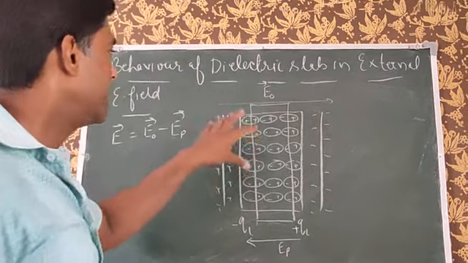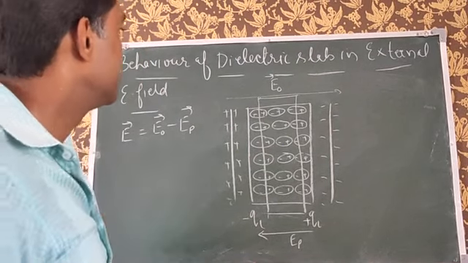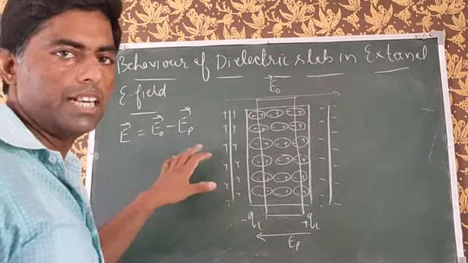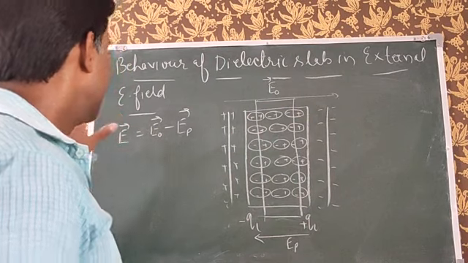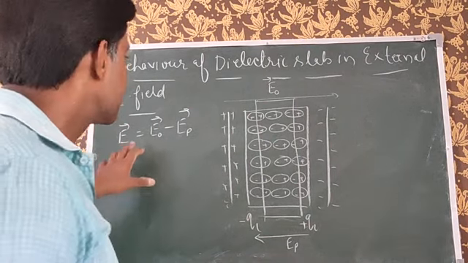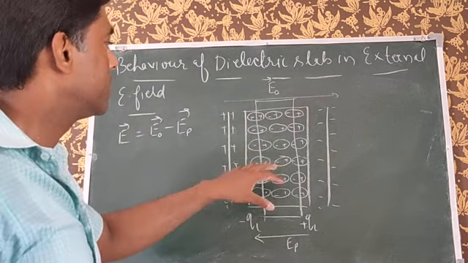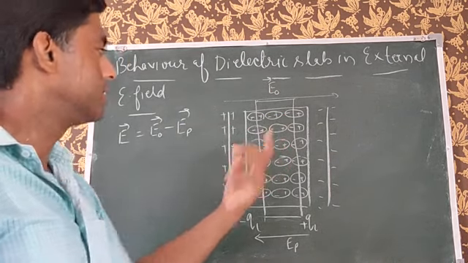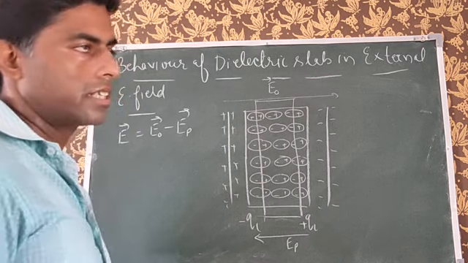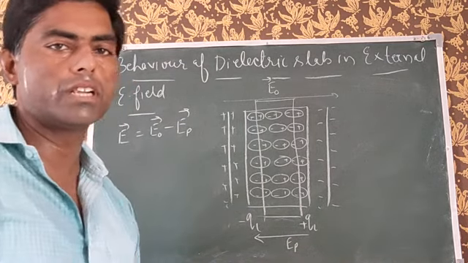This is known as the reduced value of the electric field because it is less than the external electric field. That's why the electric field inside the dielectric slab is named the reduced value of the electric field.